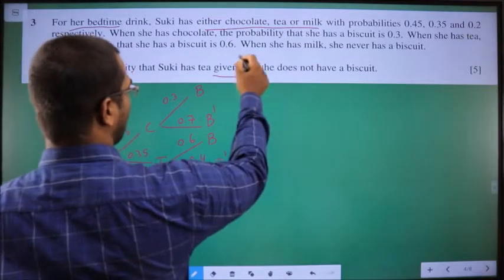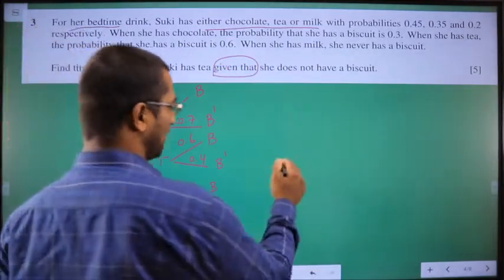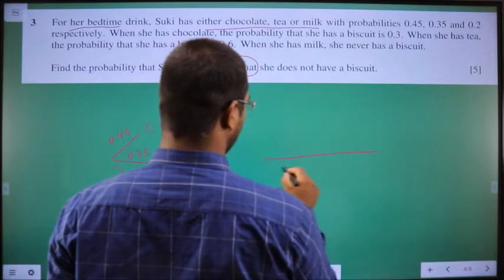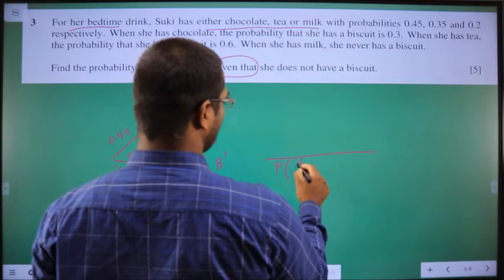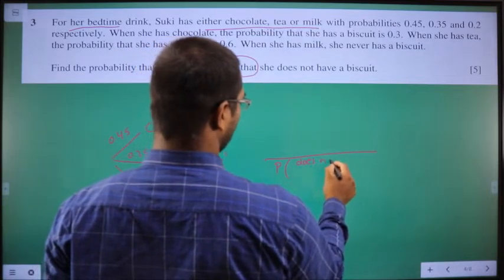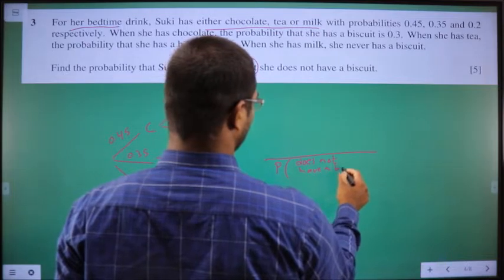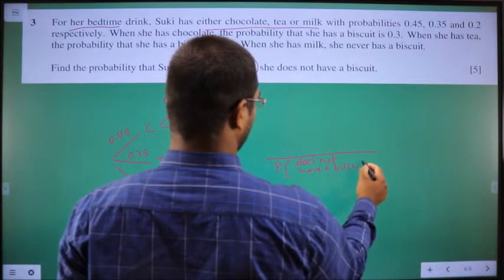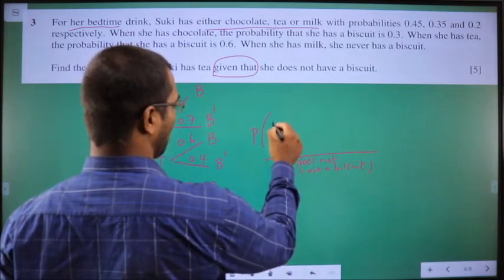Whenever given that, it comes under conditional probability. After given that, whatever statement you have, that in the denominator. After given that does not have a biscuit, write in the denominator. And numerator is mixture of both.